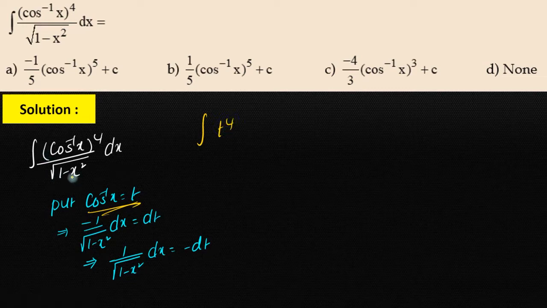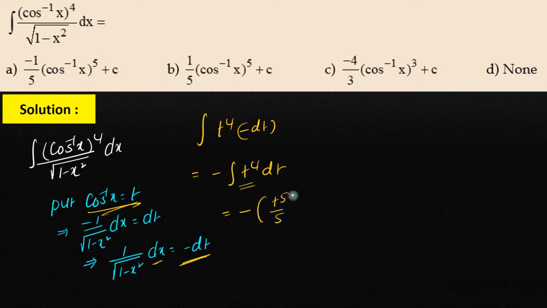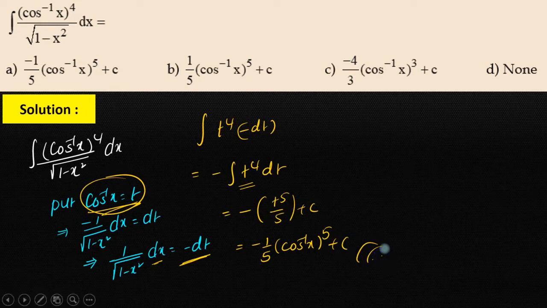Here 1 by square root of 1 minus x square into dx is equals to minus dt. This equals to minus of integral t power 4 into dt. This equals to minus of integration of t power 4 is t power 5 by 5 plus c. This equals to minus 1 by 5 into, here t is cos inverse x whole power 5 plus c. Therefore the answer is option A.